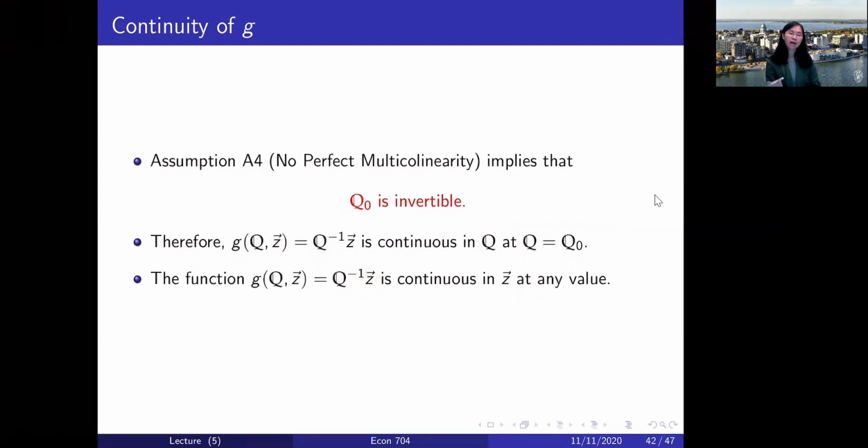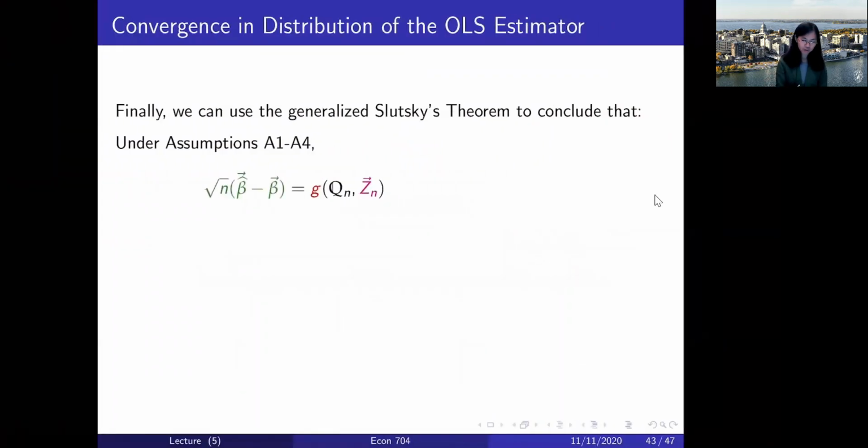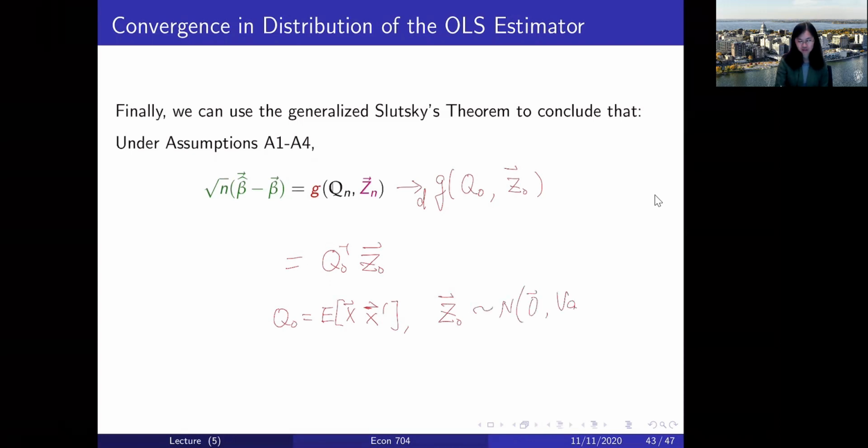So therefore, we can apply the generalized Slutsky theorem to conclude that root n times beta hat minus beta converges in distribution to g of q0, z0 vector, which is q0 inverse z0 vector, where q0 is the expected value of x x prime, and z0 vector is normal with mean 0 and variance equal to the variance covariance matrix of xu.